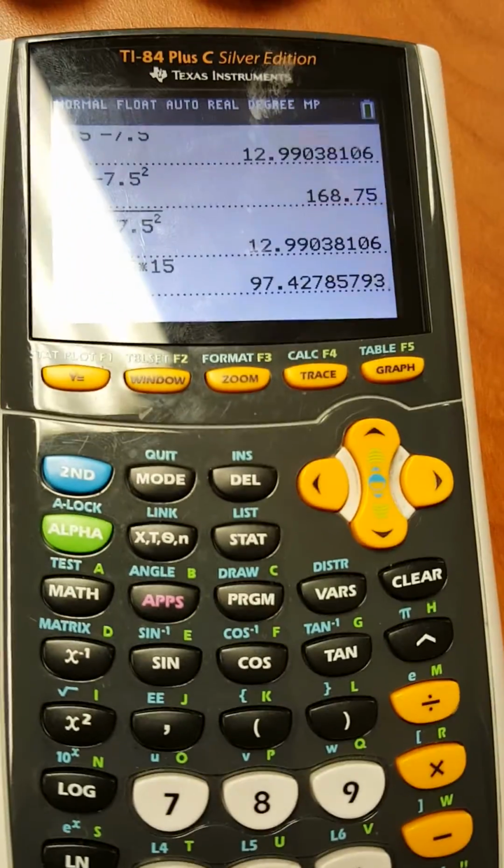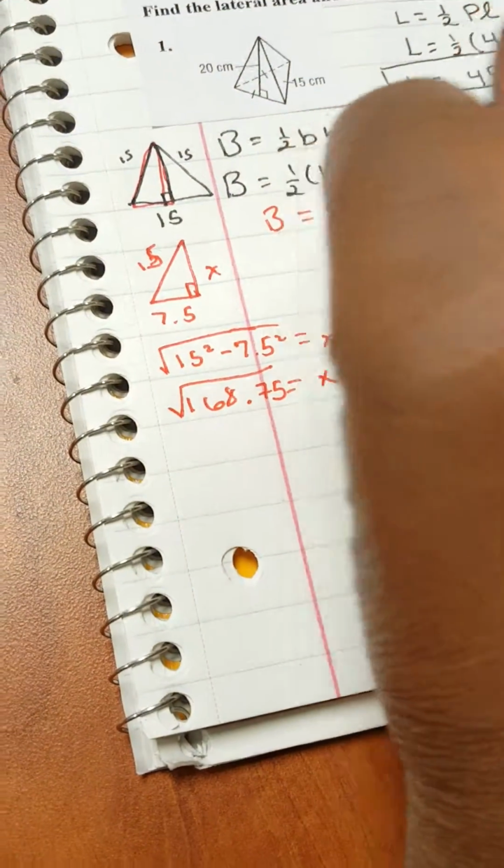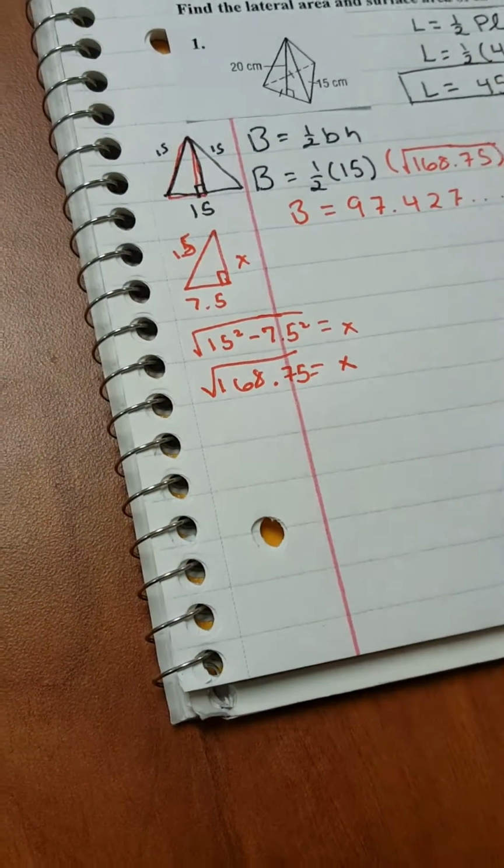Okay, so my big B is going to be 97.427 and some other numbers.